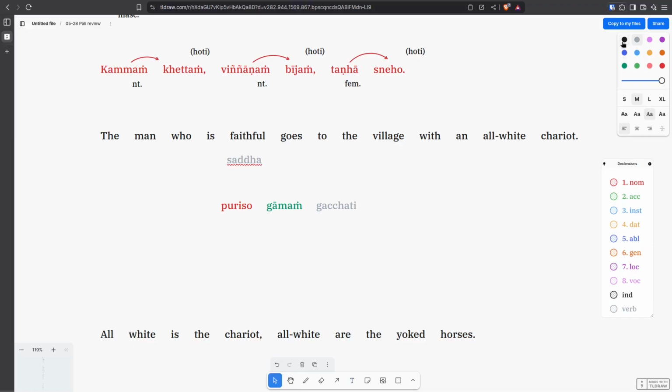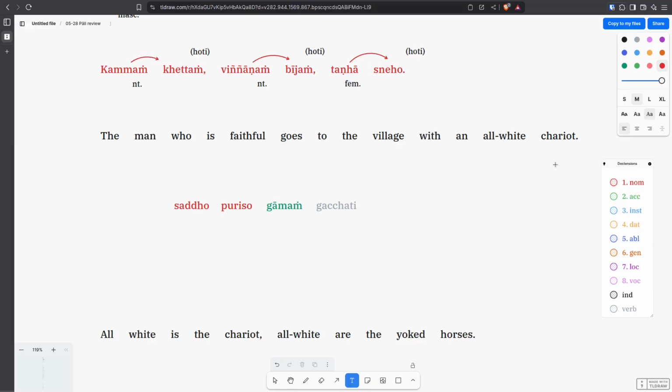And we want to qualify the man. We want to qualify the puriso. So the way we connect the two is we say saddho. The adjective will be in the same case as the noun. So saddho puriso. The man who is faithful, he goes to the village and he goes with an all-white chariot.